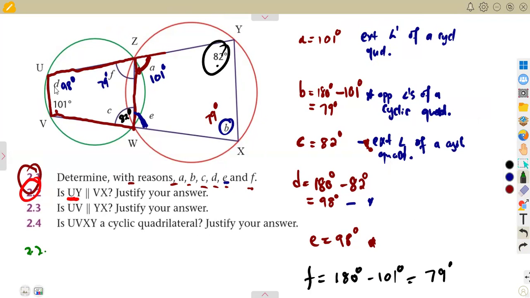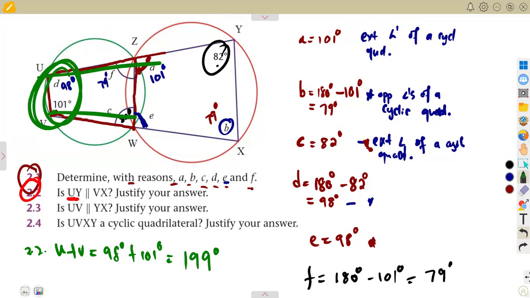So 2.2, let's add angle U and angle V. Angle U plus angle V is going to be 98 degrees plus 101 degrees. If you add 98 plus 101, this gives us 199 degrees, which is not 180 degrees. If they were parallel, these angles were supposed to be co-interior angles, but they are not maintaining the property of co-interior angles.